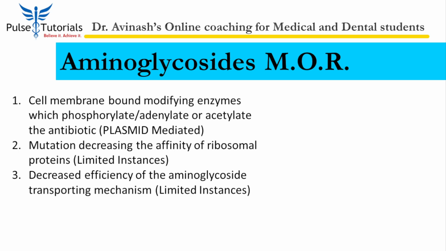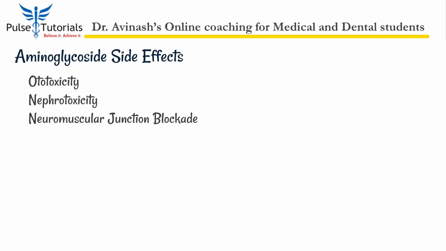Now, as far as you are concerned, you should also know the important side effects. The side effects we are going to talk about are ototoxicity, nephrotoxicity, and neurotoxicity or neuromuscular blockade. It's very easy to understand these toxicities. Ototoxicity is the most important adverse effect.